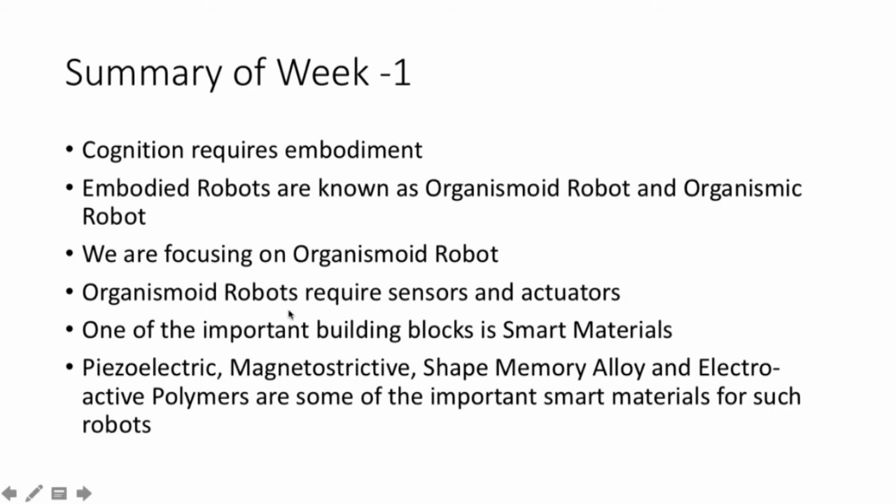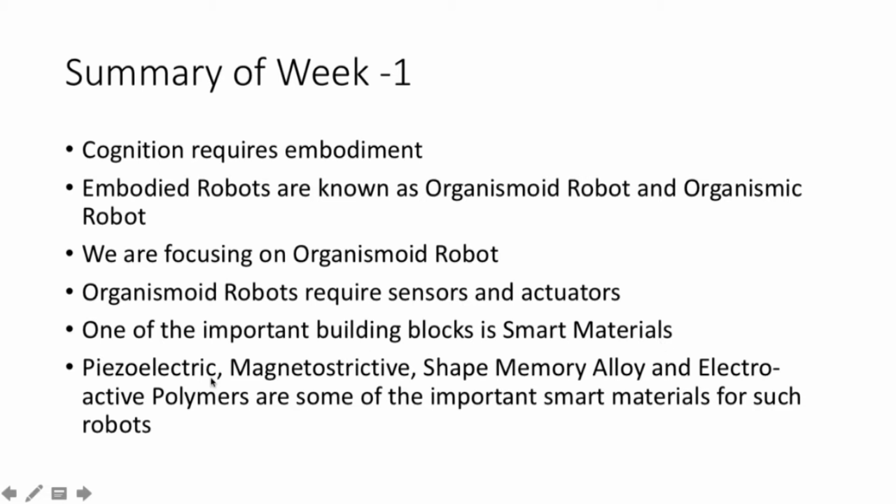Organismoid robots try to simulate a biological system. In order to do that, they would require sensors and actuators. In some traditional robots, the actuators are based on motors or servo motors, and the sensors can be different types of off-the-shelf standalone sensors. But if embodiment is the focus, then one of the important building blocks of these sensors and actuators could be smart materials.